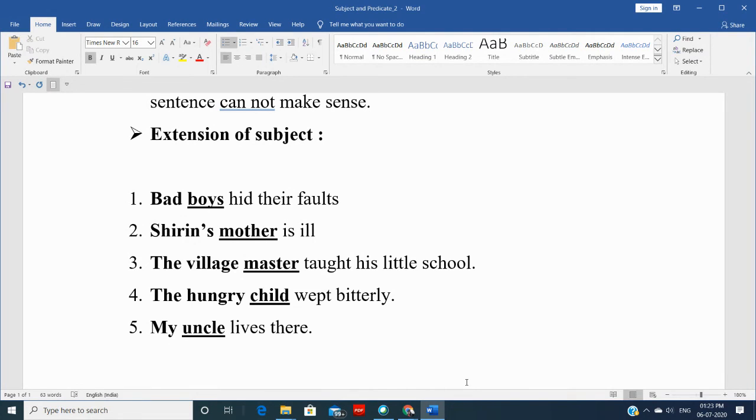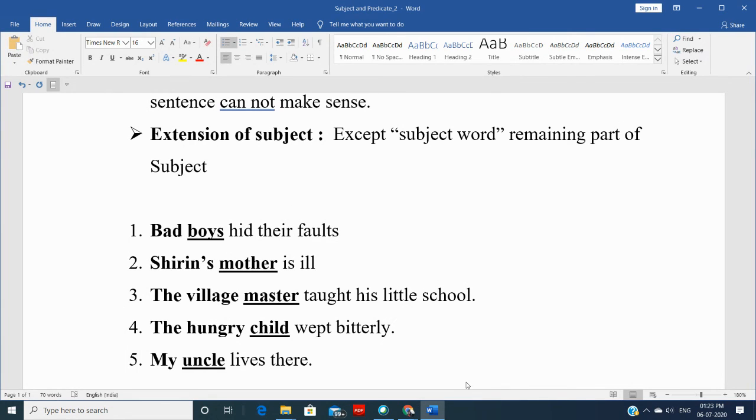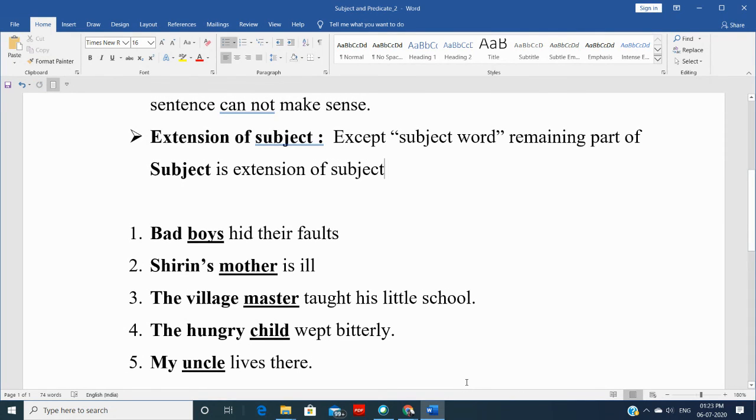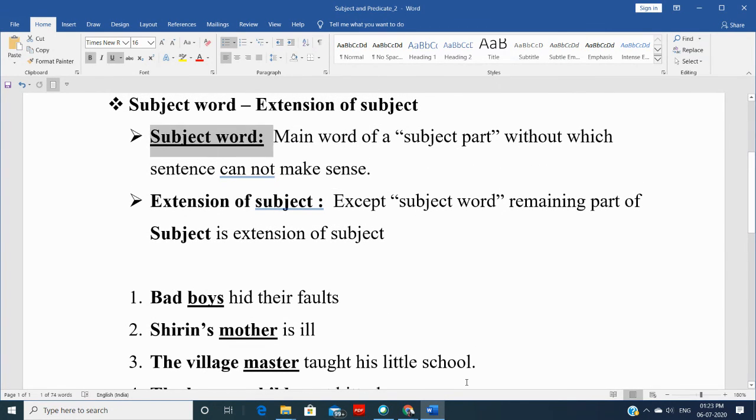And so we can easily say that the remaining part of the subject except the subject word is the extension of the subject. Remember this, not the sentence, the subject. The remaining part of the subject is the extension of the subject. So what is the extension of the subject here? Bad. See, this is only the bold part, while the subject word is bold and underlined. So this way also you will understand.